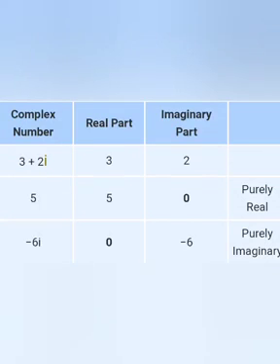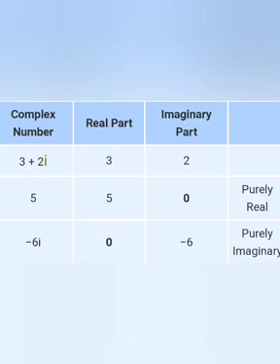Let us take a few more examples. We have 3 plus 2 iota. It's a complex number, and 3 is the real part and 2 is its imaginary part. Also 5 is a complex number. Its real part is 5 and its imaginary part is 0. This complex number is purely real.